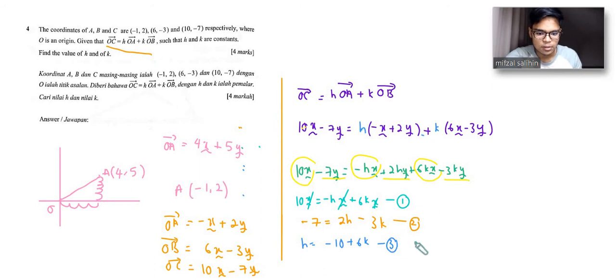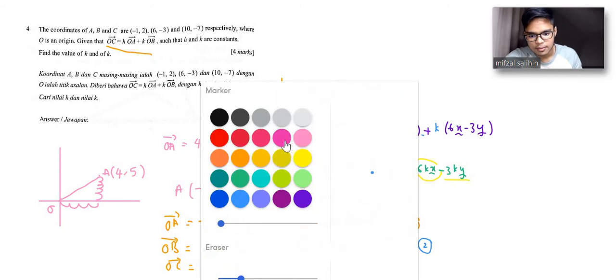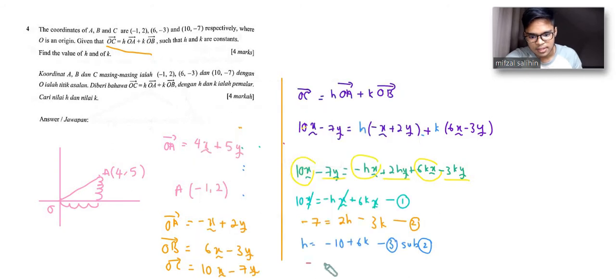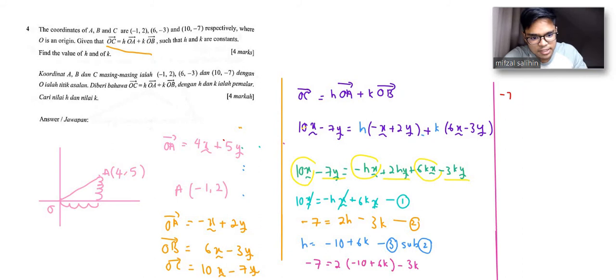From the third equation, we can substitute it into the second equation to get the answer. Now we get negative 7 equals 2 times (negative 10 plus 6k) minus 3k. So expand each of it.